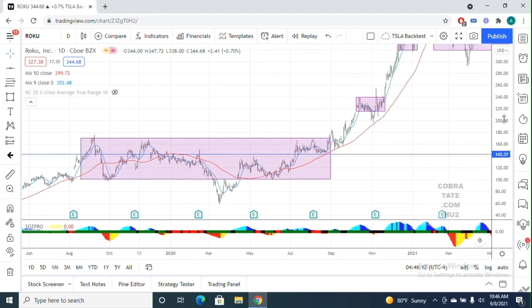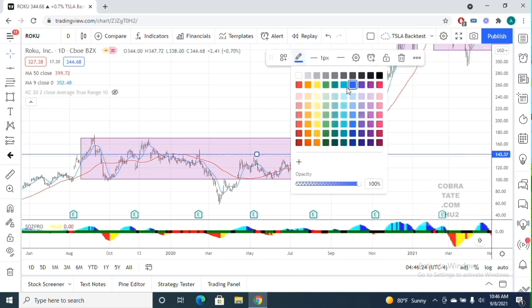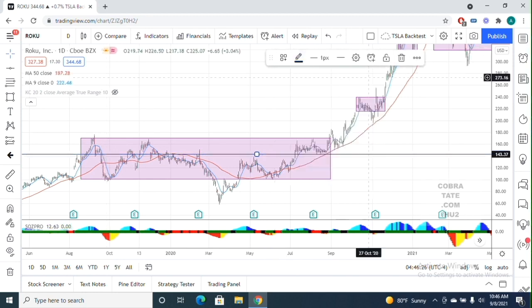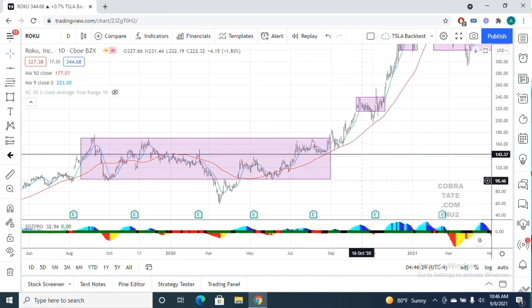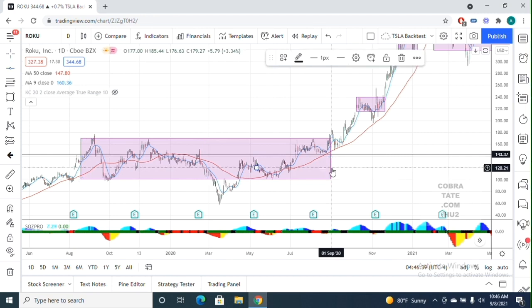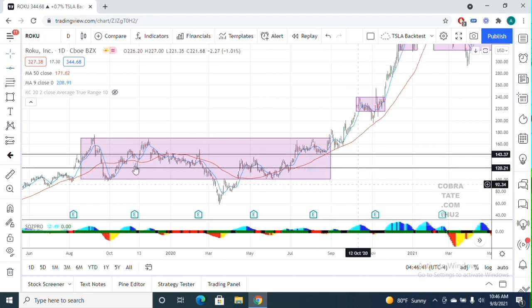Same way we can define the top of this box boundary as a zone. I have drawn these boxes, but I will explain how you can draw them for yourself too. Let's identify the zones inside the box in black color. Alright. Is there another zone in this box? Let's see. This looks like a zone around 120. Same concept, acted as support.